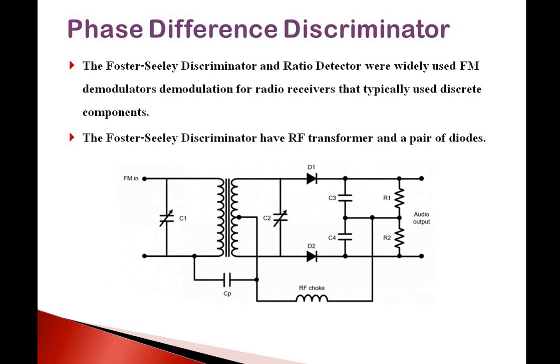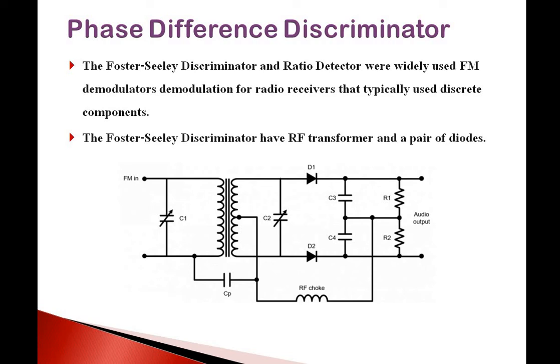Now, as I have said, you have the phase difference discriminators. In that you have two types, the Foster-Seeley discriminator and the ratio discriminator or detector. Both of these detectors are widely used for frequency modulation. The slope detector and balanced slope detector are okay, but they are only used for simple frequency detectors.